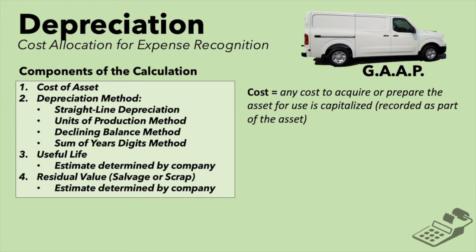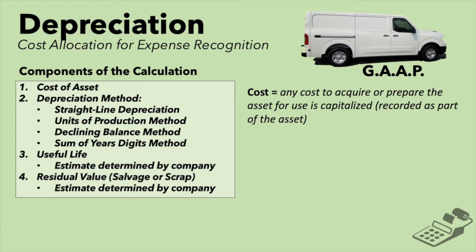The cost of the asset is going to be any costs that we incur to acquire or prepare the asset for use. Those costs are going to be capitalized, meaning they're going to be recorded as part of the cost of the asset. So it's not just the amount we pay for the specific asset. There can be other costs included as well.